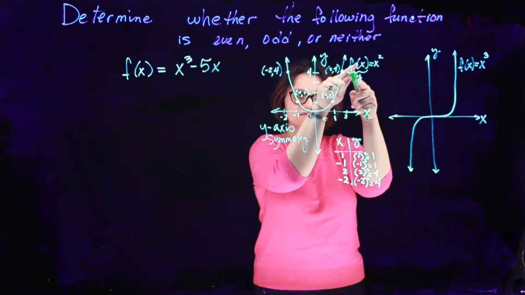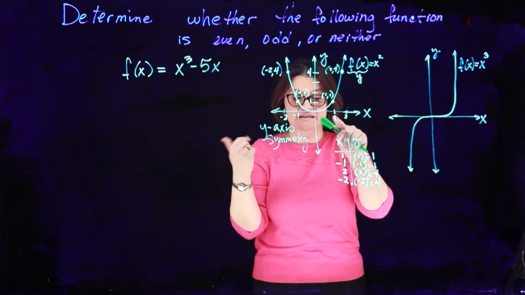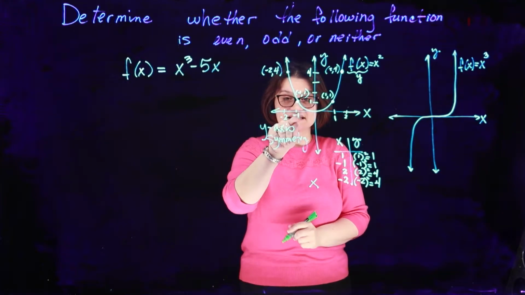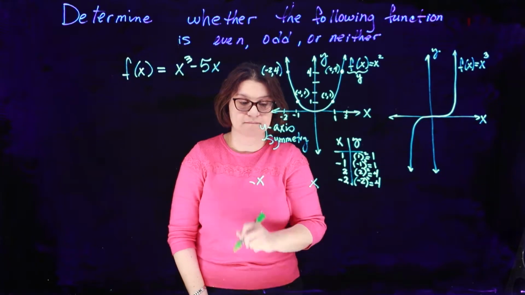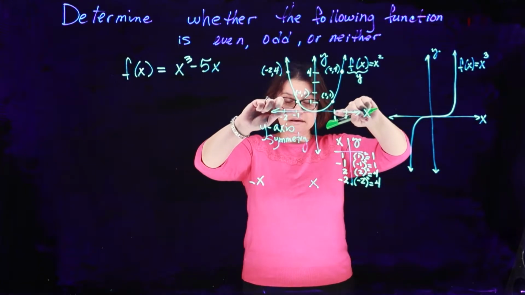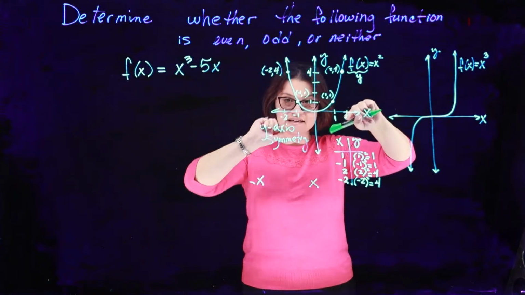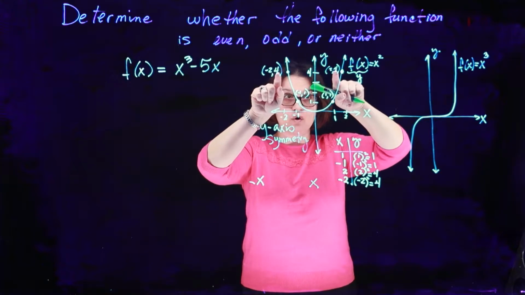Y, or the function value, is our output. So if I take a positive x and I take the same exact distance to the left, a negative x. If you look, this is a positive x, this is a negative x. A positive x and a negative x. But I'm getting exactly the same output, 4.